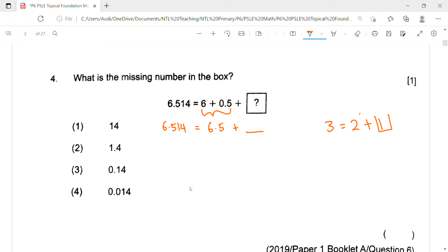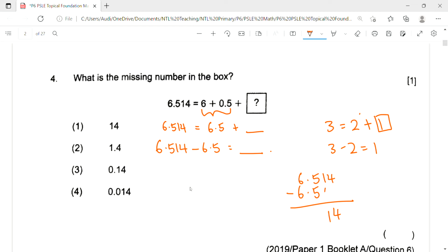How do we get 1? 3 minus 2, you get 1. So similarly, 6.514 minus 6.5, you will get the answer. So we do the working quickly. 6.514 minus 6.5, and we get 0.014, because these are zeros. So this is our answer, number 4.